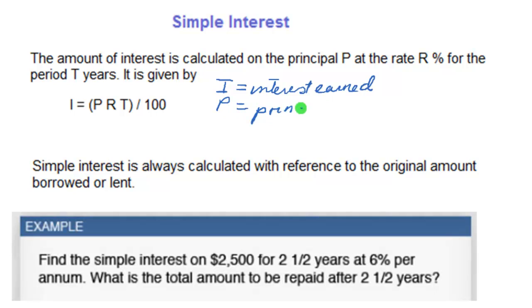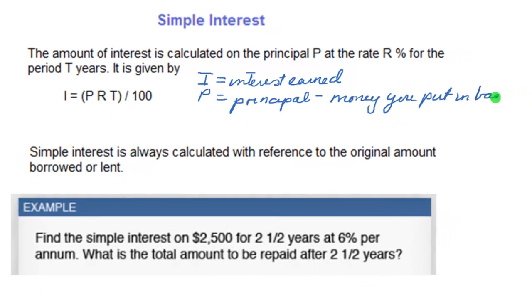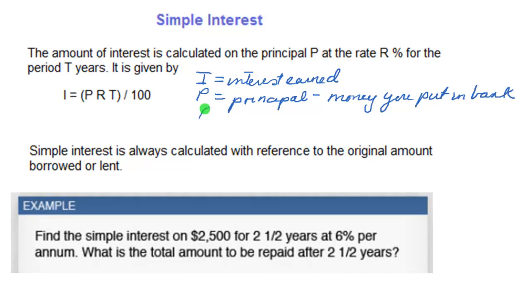This is the money that you originally put in the bank. R is your rate, usually your bank rate or your savings rate. And T is the number of years that the money is going to be in the bank.